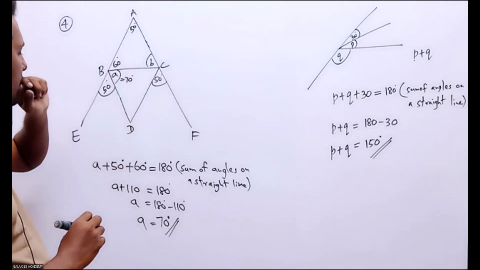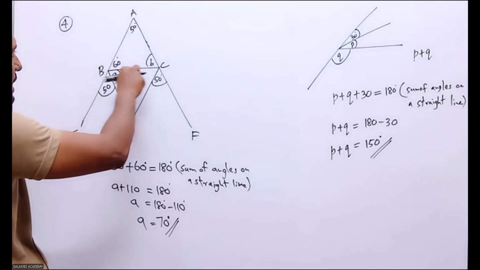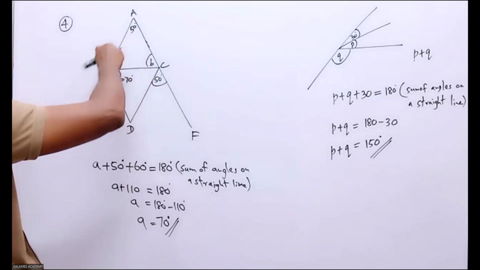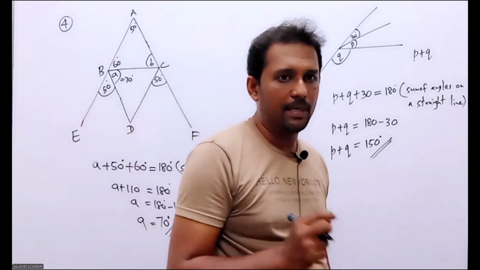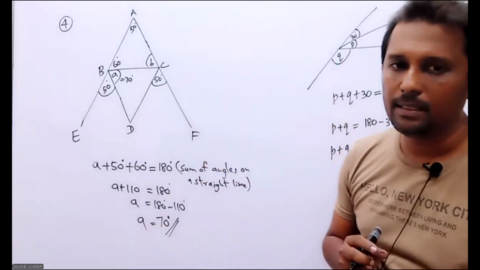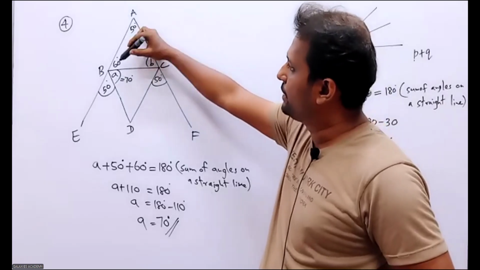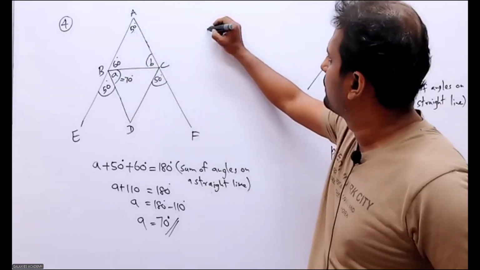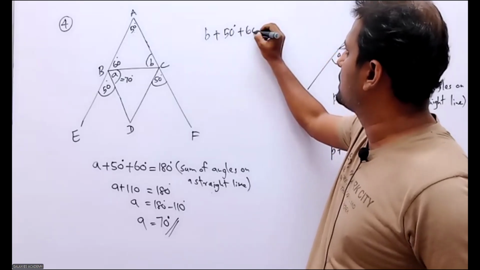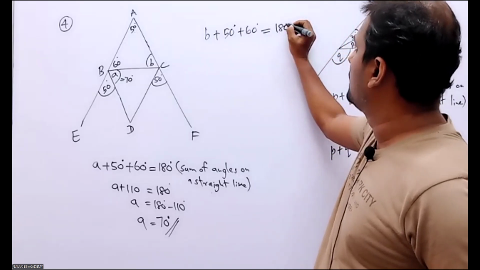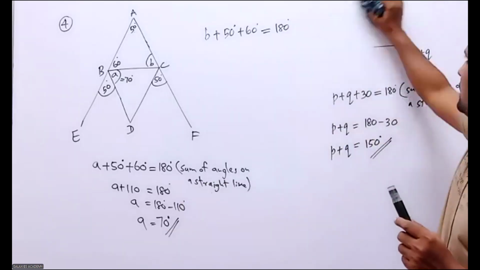How can you find B? You can apply the theorem: the sum of the angles of triangle ABC is 180 degrees. So what are the three angles? B, 50, 60. B plus 50 plus 60 equals 180. Also you write down the reason for it.